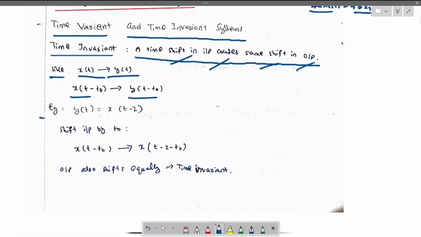Let us see the example: y of t equals x of t minus 2. Shifting the input by t naught, x of t minus t naught, gives x of t minus 2 minus t naught. So t minus t naught will come, right?